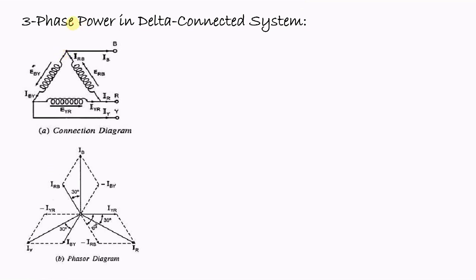Here we can see that the power in a phase can be written as the voltage across the phase, the current flowing through the phase, and cosine of the angle between the phase voltage and the phase current. For example, here it is M, N, and O.